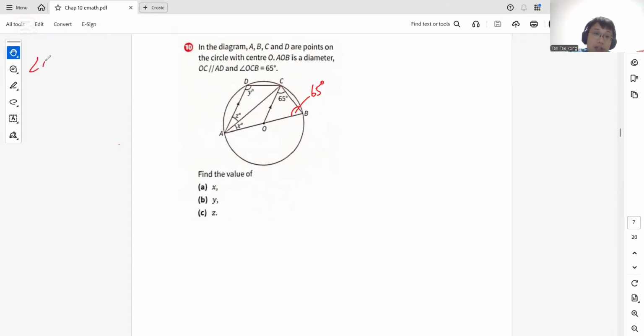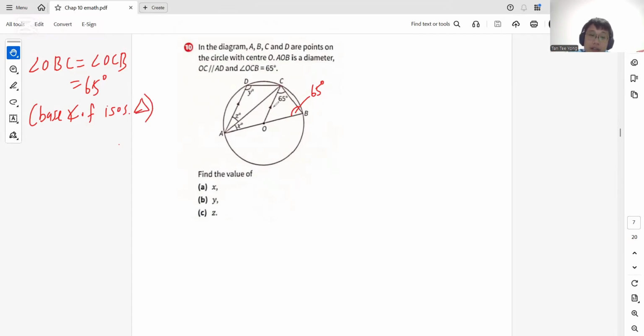So we can start by writing angle OBC equals to angle OCB equals to 65 degrees, base angle of isosceles triangle.